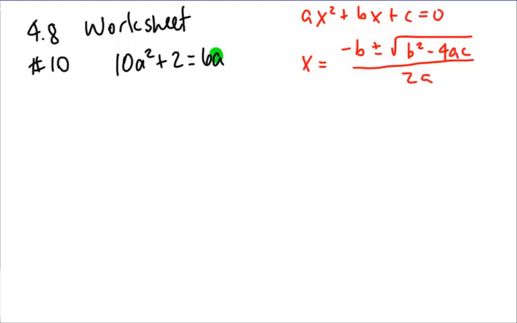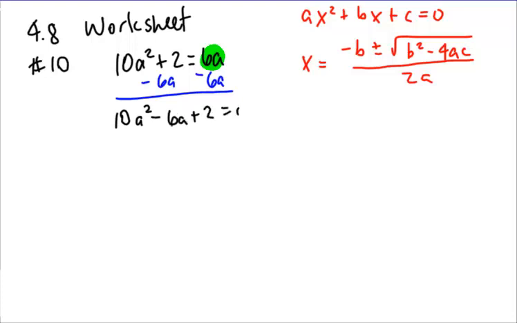So please note, on this problem, the 6a is on the wrong side of the equation. So what we're going to do is subtract this guy from both sides. And you can only put a's with a's, a squareds with a squareds, and numbers with numbers. So there's nothing else for 6a to go to. This gives me 10a squared minus 6a plus 2 equals 0.